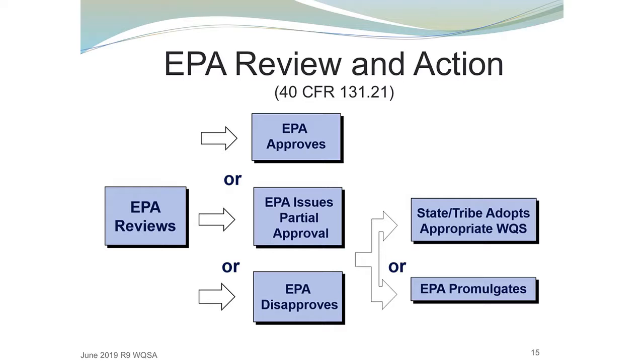If we approve, life is good for us and for you, assuming that we got our ESA issues resolved. If we disapprove, we're basically required to promulgate promptly. And again, our guidance is we want to do that within 270 days, which puts a burden on us.